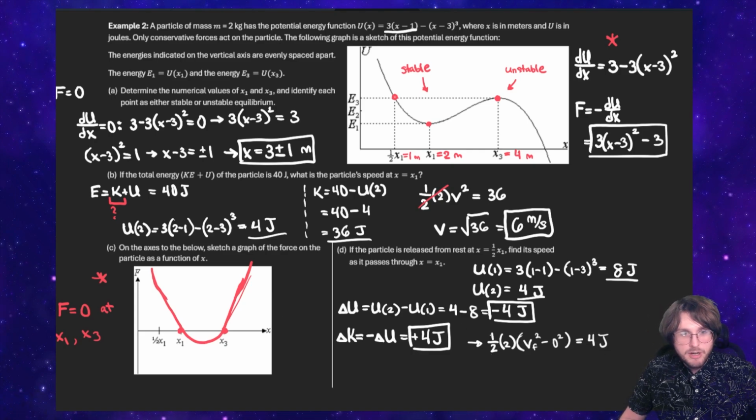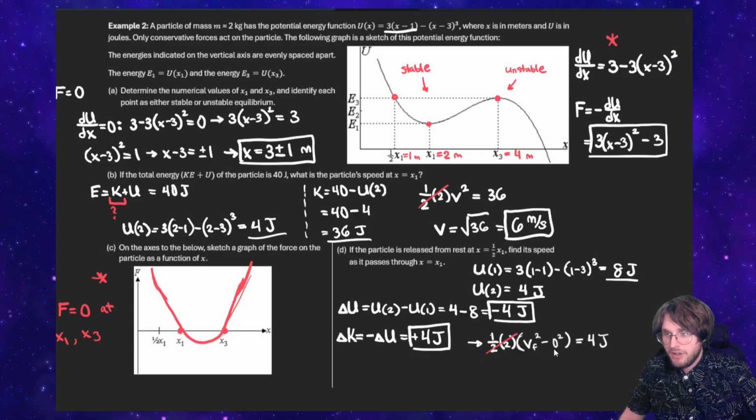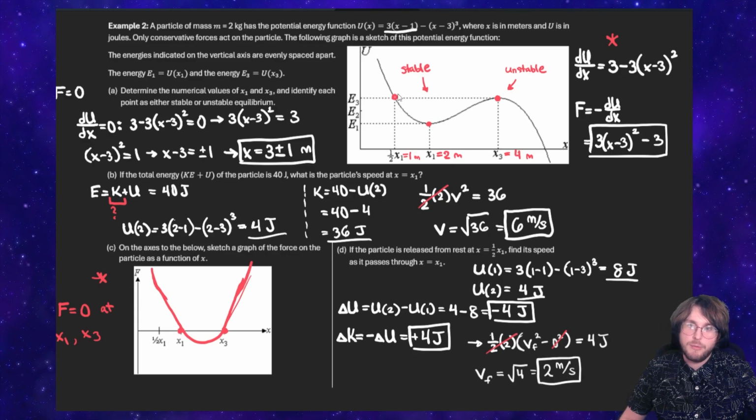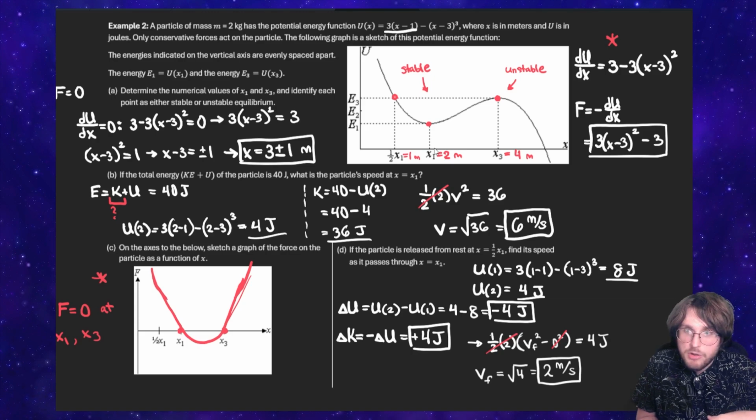So doing the victory lap here, again, our 1/2 and our 2 will annihilate each other. 0 doesn't really matter. So all we're really doing here is taking the square root of 4 joules. So the square root of 4 is nicely 2 meters per second. So as a particle, if it starts from rest at this point right here, it falls down to this point right here, it will have attained a speed of 2 meters per second.